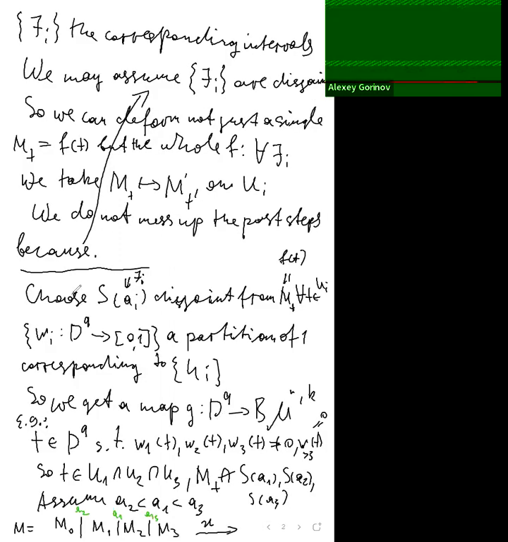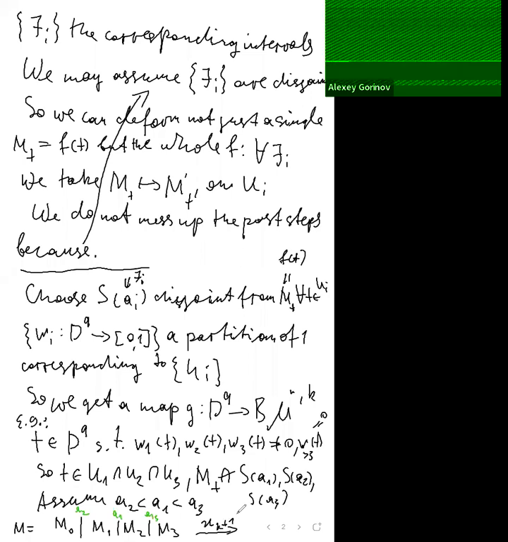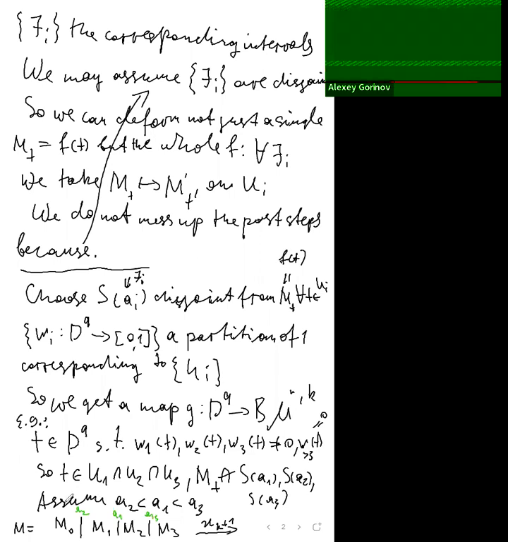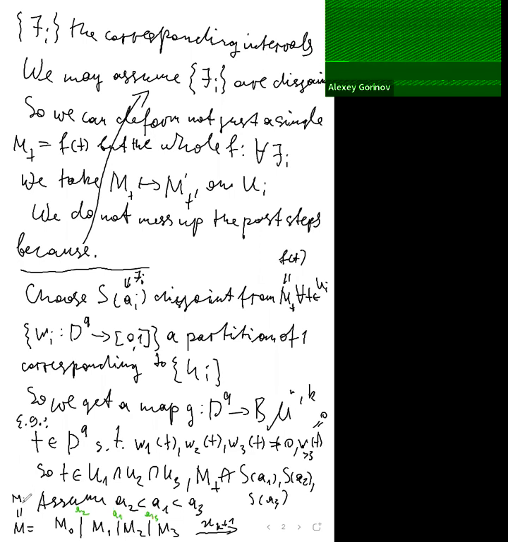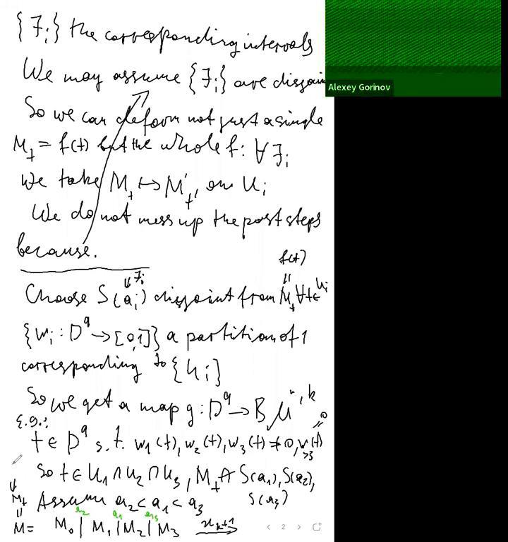So here we have x_{k+1}. But M, or M_t, is in fact an element of C N K plus 1.